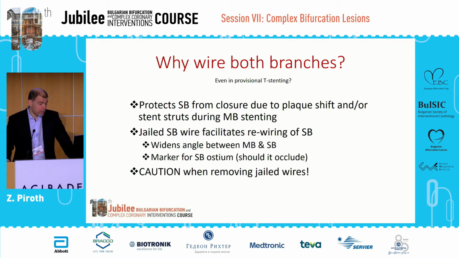And the jailed side branch wire will facilitate the rewiring of the side branch after main branch stenting, because it widens the angle, as we well know, between the main and the side branches, and it also acts as a marker for the side branch ostium. But again, we should exert caution when removing the jailed wire, because it may just make the guiding catheter jump into the coronary and cause dissection.